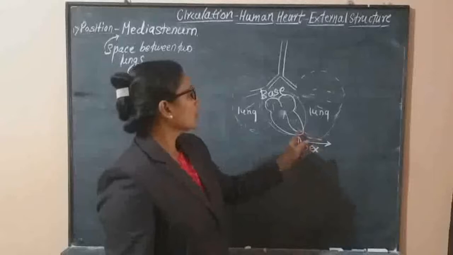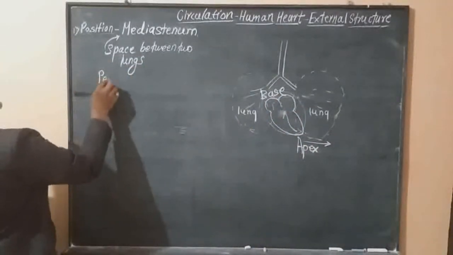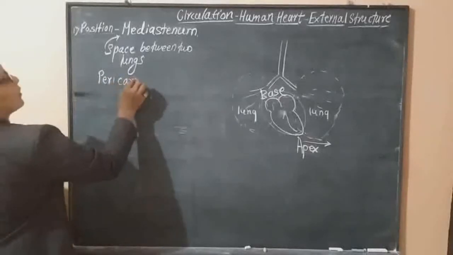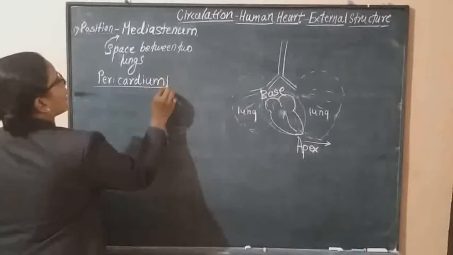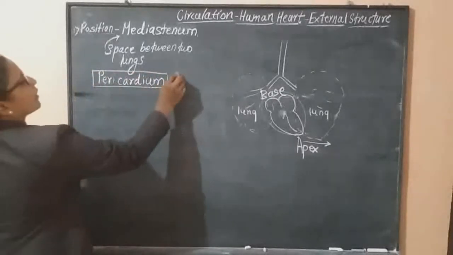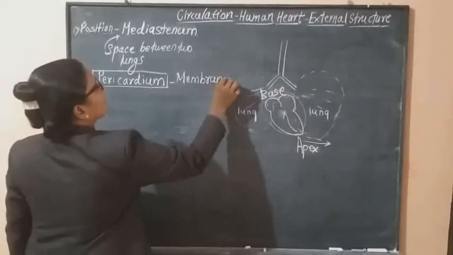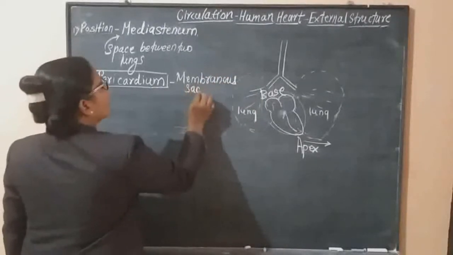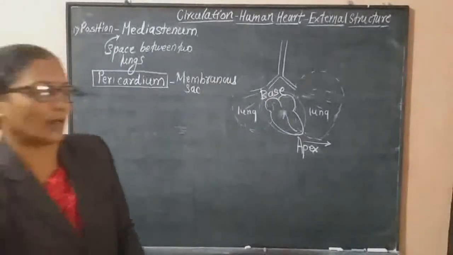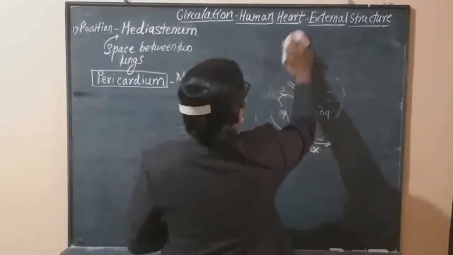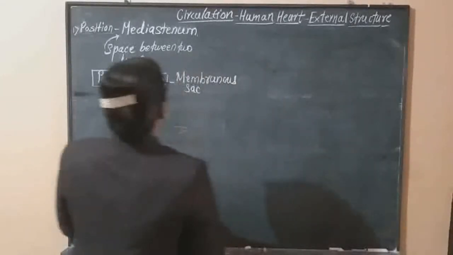Now this human heart is well protected in a membranous sac, which is called the pericardium. Inside this sac the human heart is well protected. This membranous sac, the pericardium, is made up of two layers.